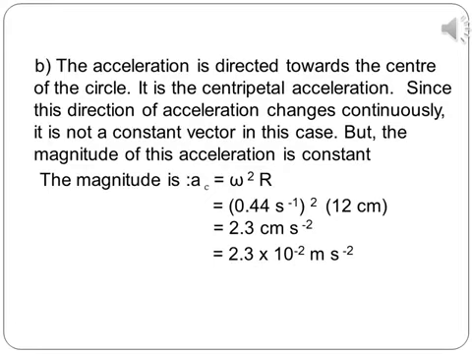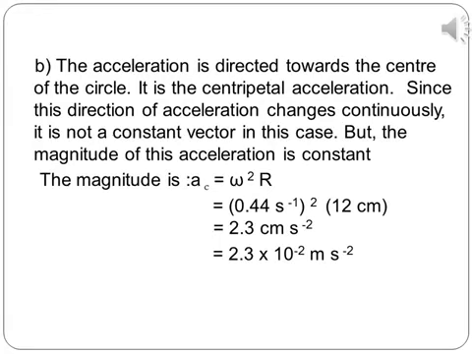And b, we have to see whether the acceleration vector is a constant vector, and we have to find its magnitude also. The acceleration is directed towards the center of the circle, so it is the centripetal acceleration.